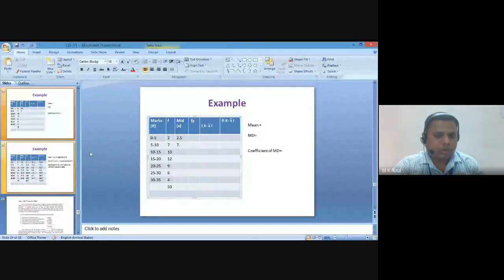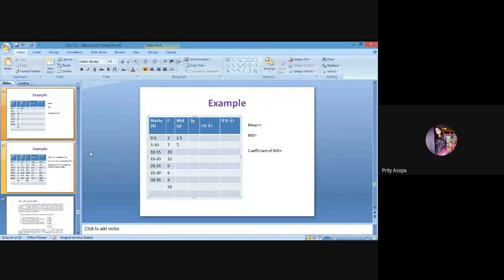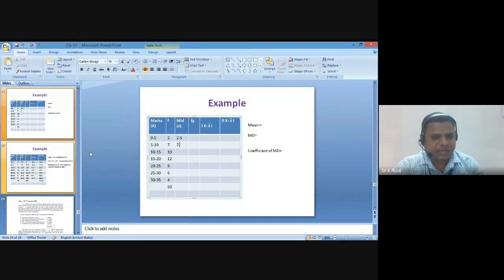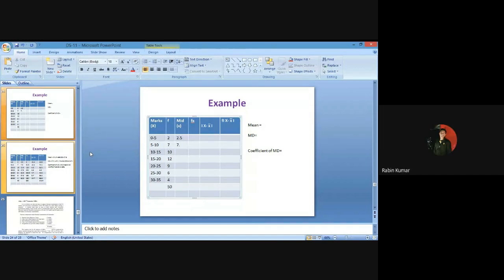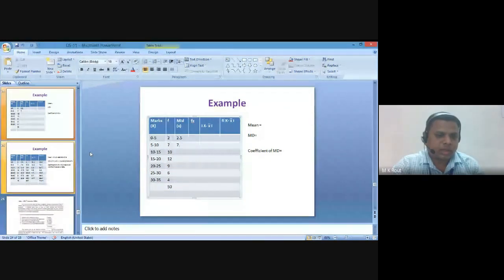That is 202.5. Next, 6 into 27.5. That is 165. Moving to the last one, 4 into 32.5. That is 130. Just go for the summation. What is the answer? 890. 890 is the correct answer.